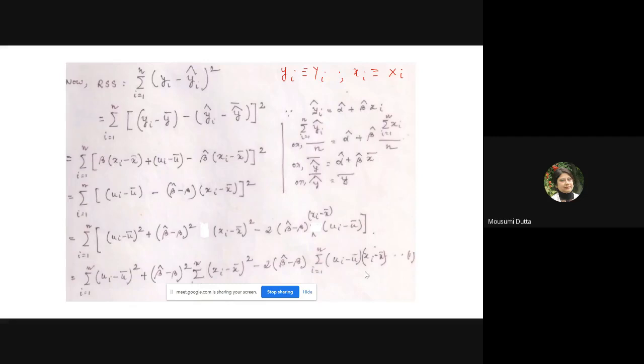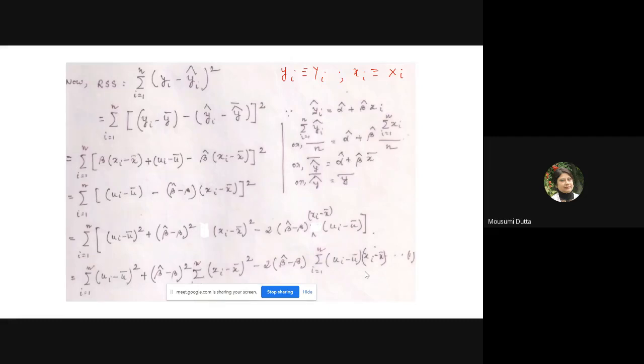So RSS was a very simple matter, the difference between the observed and estimated, while I am presenting it in terms of the random error term. It looks like equation number 1. So from yi, when we are presenting the terms in terms of the random error, it looks like this.